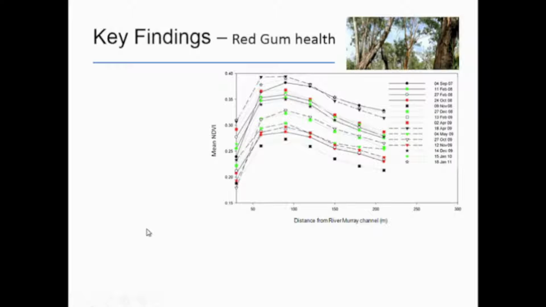We also investigated river red gum health, and this is NDVI work done by Tanya. It shows that lateral bank recharge is very important in maintaining river red gum health. The recharge zone of about 30 to 90 meters is really important for tree health.